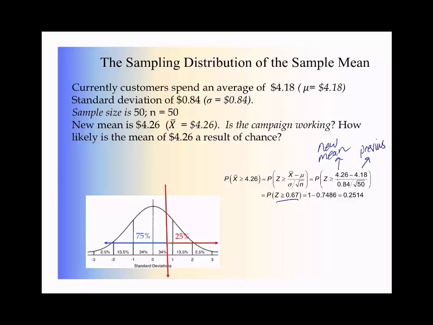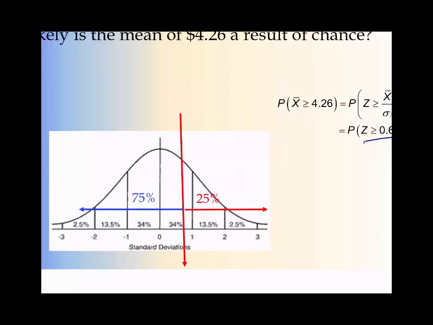So if we look right here on our table, we know that 0 in this case is represented by $4.18. If we go up one full standard deviation, we've got $4.26. And our value is right about here.